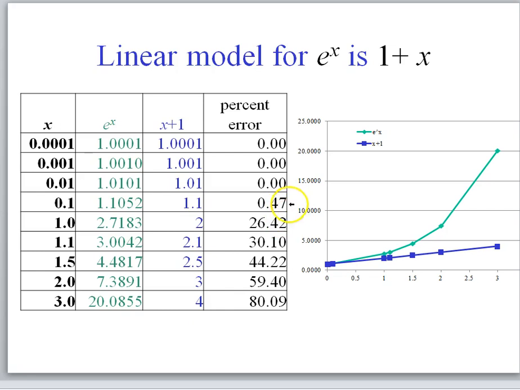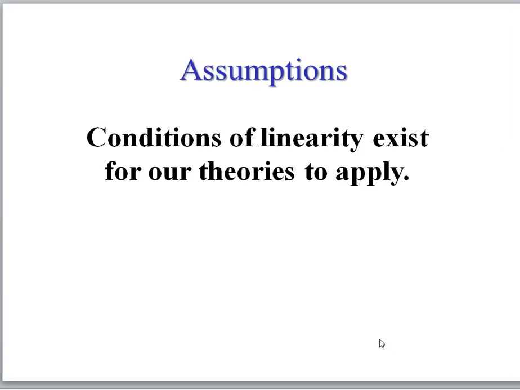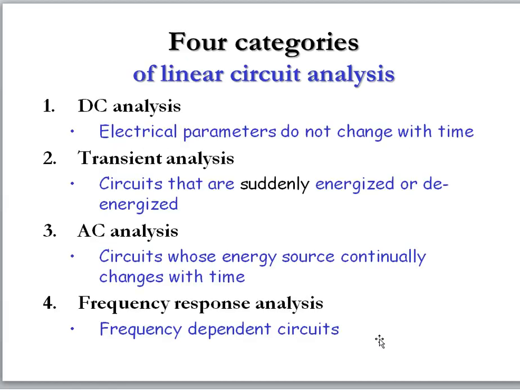So depending on your error tolerance and your range of x, you could model e to the x as a linear model of 1 plus x. That's an example of being careful of your assumptions. Our conditions of linearity must exist for our theories to apply. That's the assumption we're making in this course.